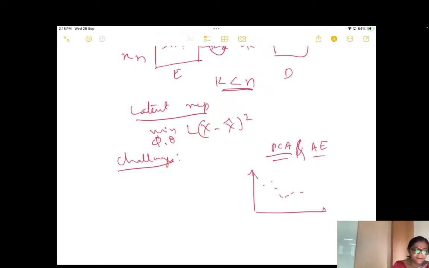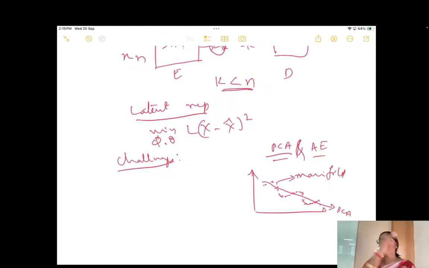So say this is a kind of data distribution. PCA selects this as a basis. What does the autoencoder do? It understands the entire set of these things, set of bases, as a manifold. What is a manifold? A manifold is a set of vectors which are continuous to represent the data.